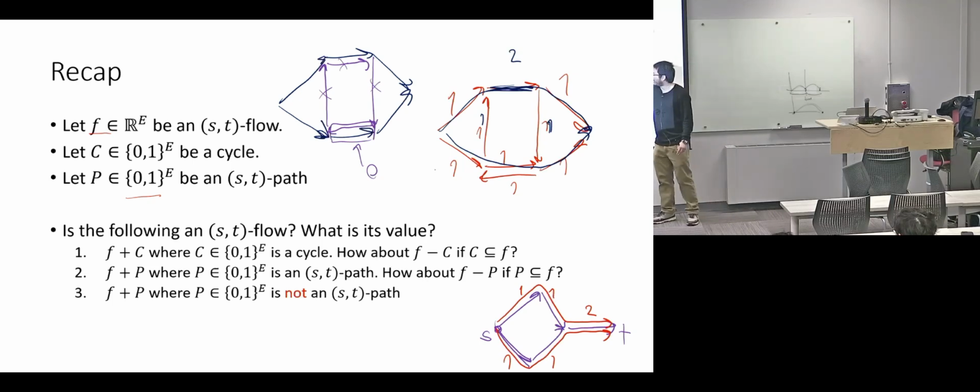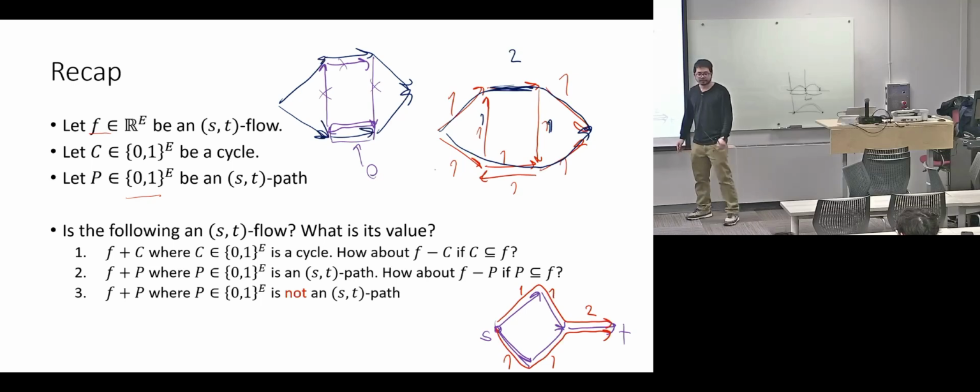I really mean I reduce the flow value on each of these edges on the cycle or on the path. So here you just reduce one, and what you get is still a flow.